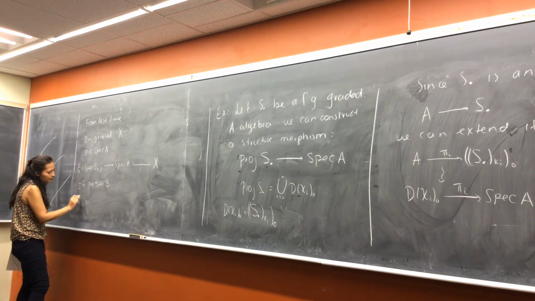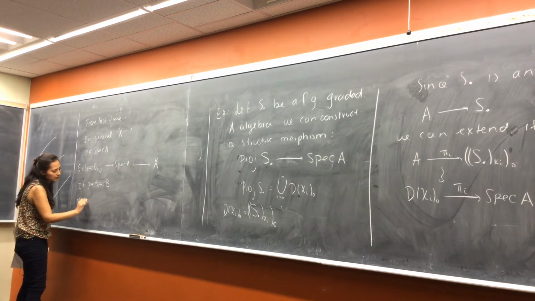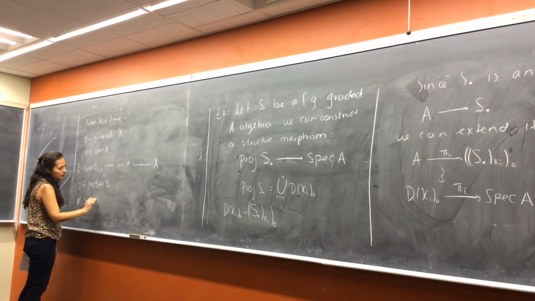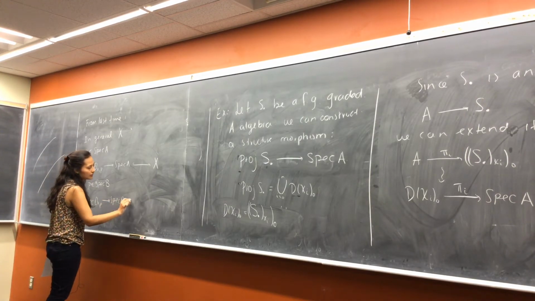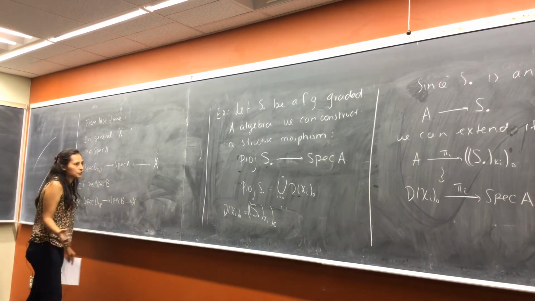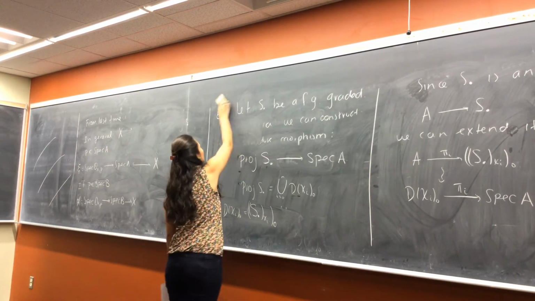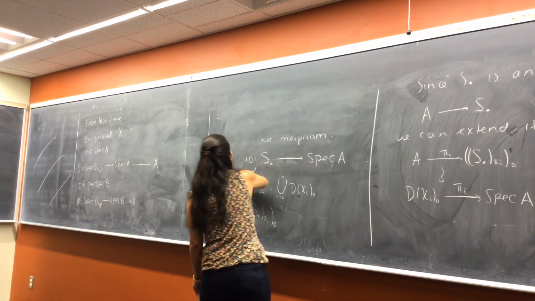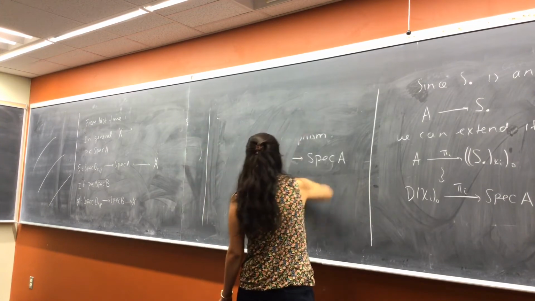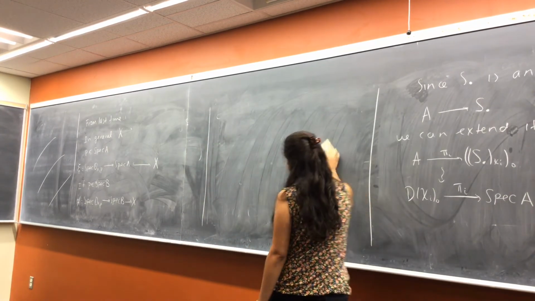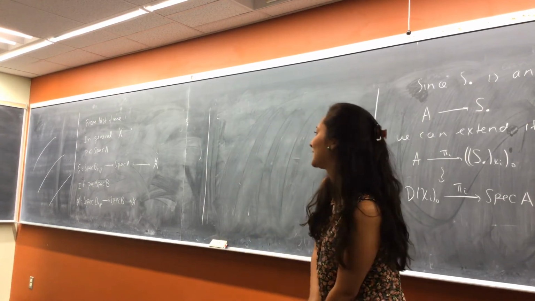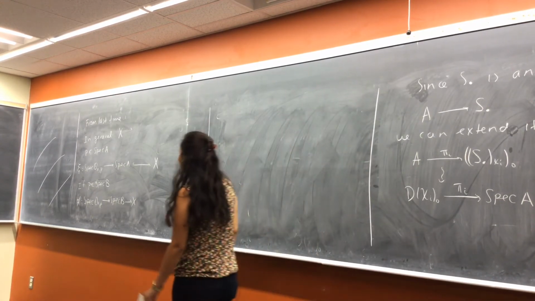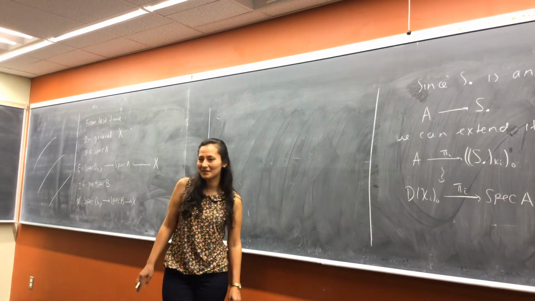So you will have, with the construction, again, a map spec O_{X,P}, but now to spec B, and then to X, using the inclusion. Okay, so any idea of how we check? How can we verify that these two maps are the same?